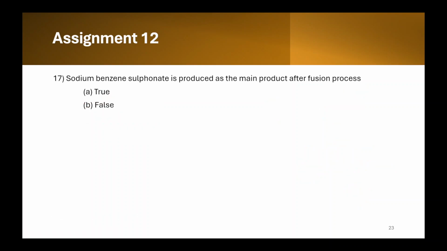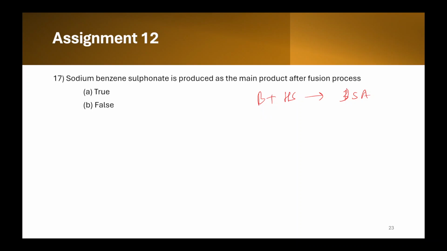Next question. Sodium benzene sulfonate is produced as the main product after the fusion process. Is this a true or false statement? So we saw basically benzene plus sulfuric acid gives us benzene sulfonic acid. This is fuming sulfuric acid, so H2SO4 plus SO3 basically.